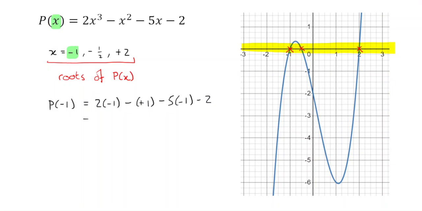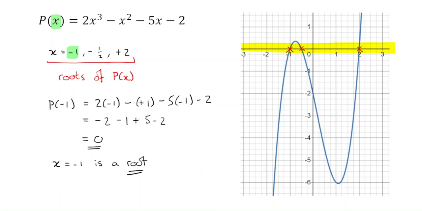Okay, we just expand that. 2 times -1 is -2, minus +1, which is -1, minus 5 times -1 is +5, and minus 2. And so minus 2, minus 1, plus 5, minus 2 is 0. It all adds up to 0. So what we've shown is that if we substitute -1 into the polynomial, we get 0. That means that -1 is a root of the polynomial.